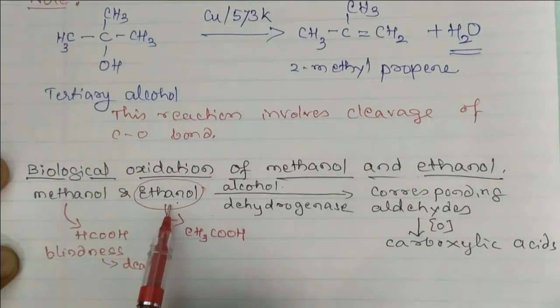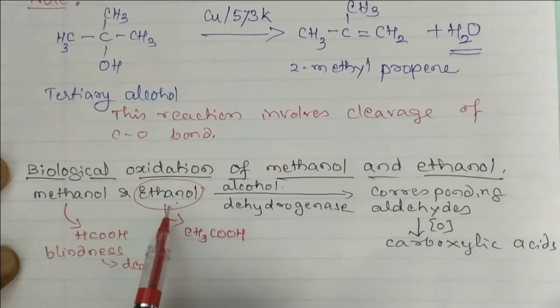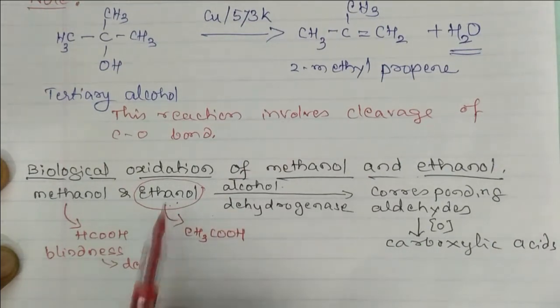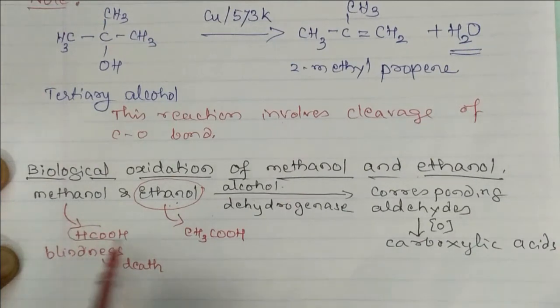Hence, if a person consumes denatured alcohol, an excess of intravenous infusion of dilute ethyl alcohol is given such that alcohol dehydrogenase converts ethanol into acetic acid and prevents the formation of formic acid. This is about the biological oxidation of methanol and ethanol.